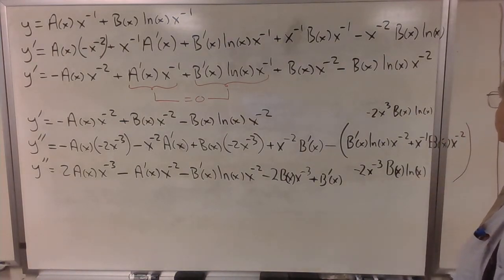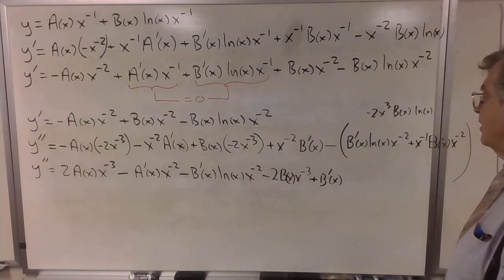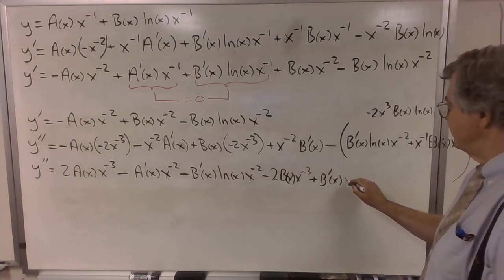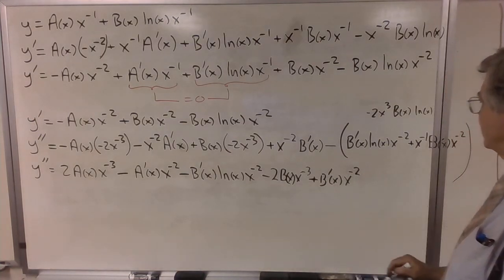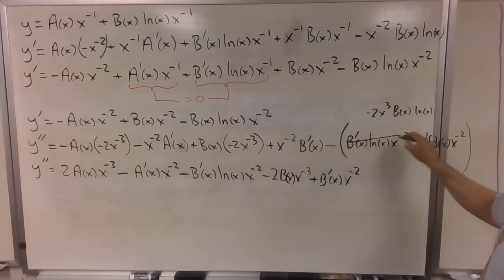Okay. X to the negative 2 b prime of x. This term I've already accounted for.